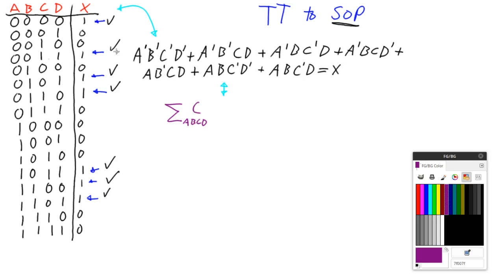And then we need to know our row numbers. So let's go through and label these real quick. We got 0, 1, 2, 3, 4, 5, 6, 7, 8, 9, 10, 11, 12, 13, 14, and 15.